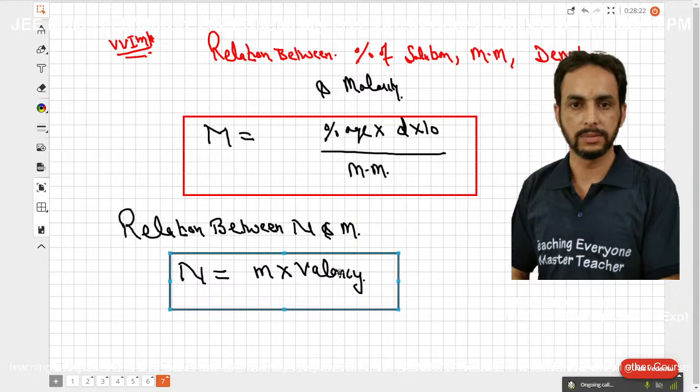Next, after this method of expressing concentration, comes the empirical formula, molecular formula concept, mole concept, and then the limiting reagent or limiting reactant portion. Now we will do the questions.